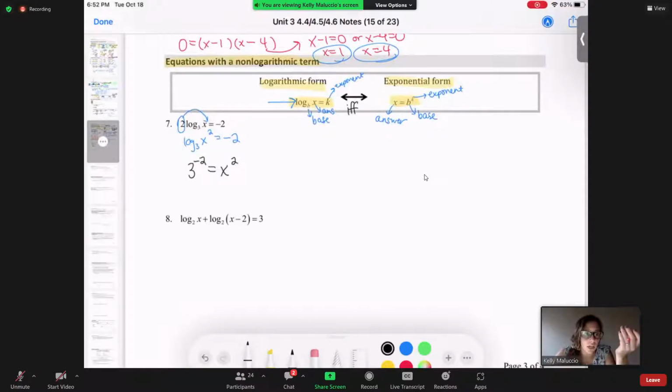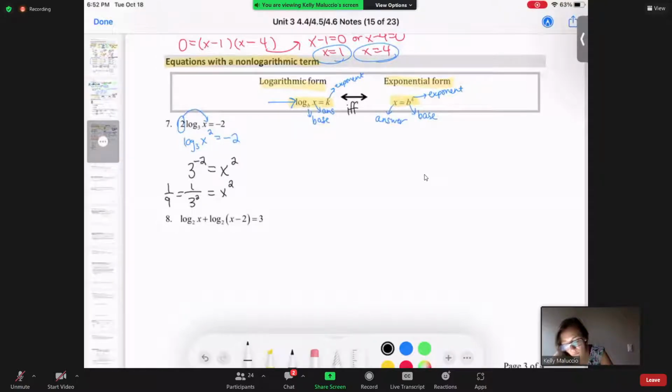This means that 3 to the -2 is 1/3 squared, and that's x squared. And the cool thing about this is, you could write this as 1/9 and square root both sides, right?